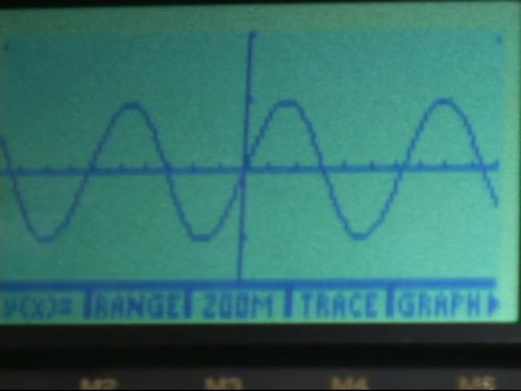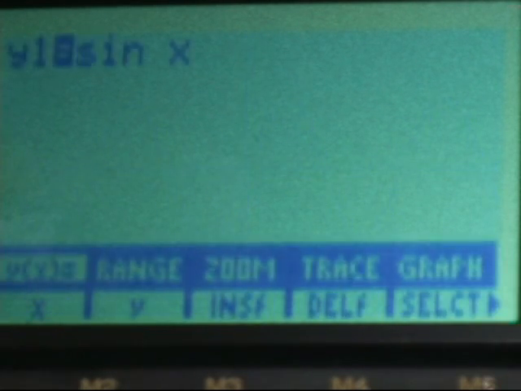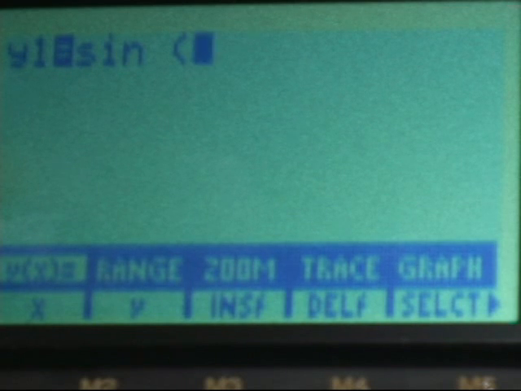And let me add the modulator to it now. Let me modulate this wave. Instead of saying sine x, I'm going to say sine, open parentheses, x plus sine x, close parentheses.